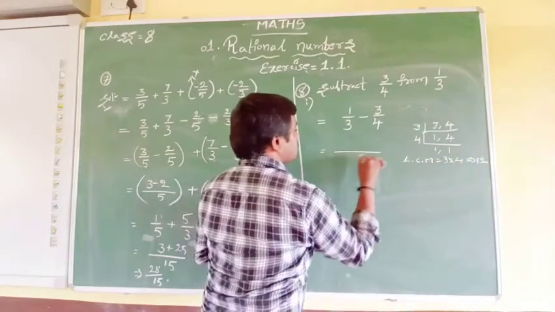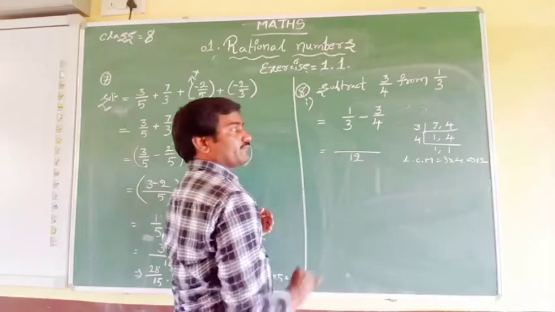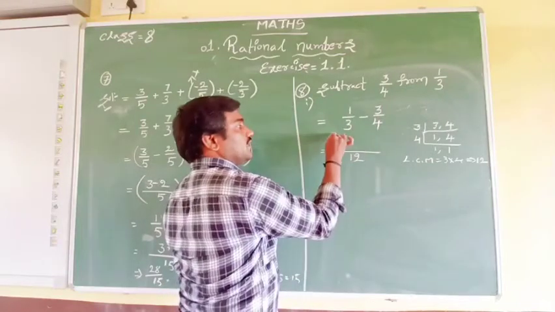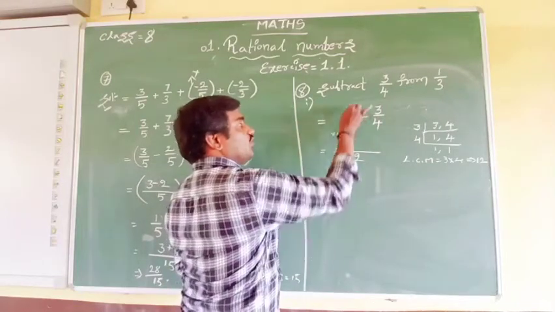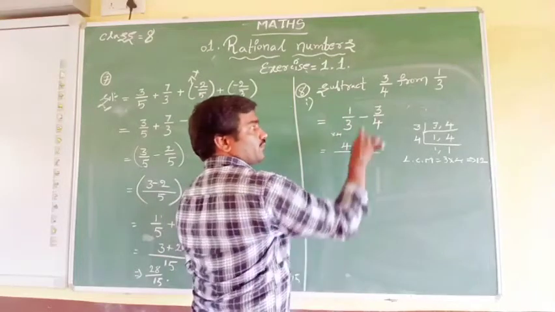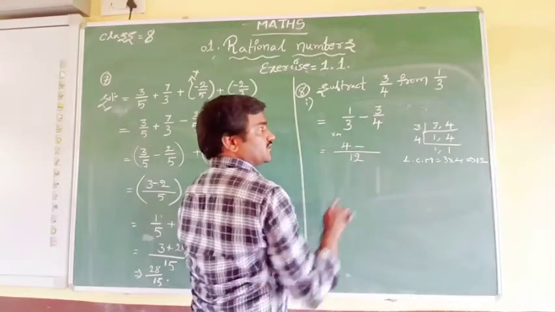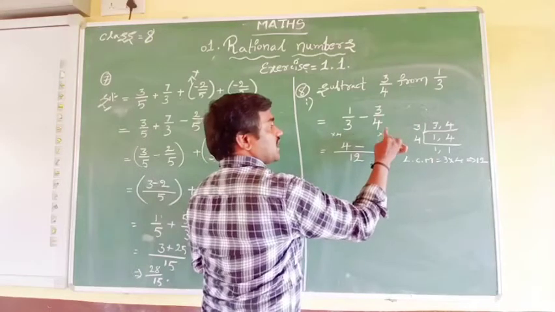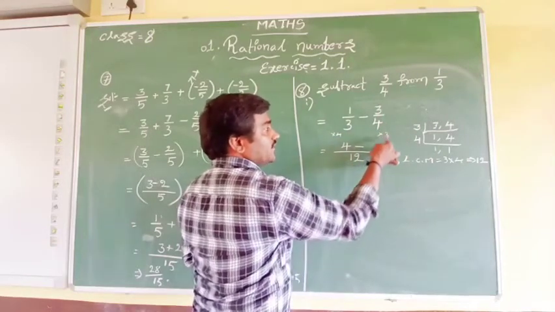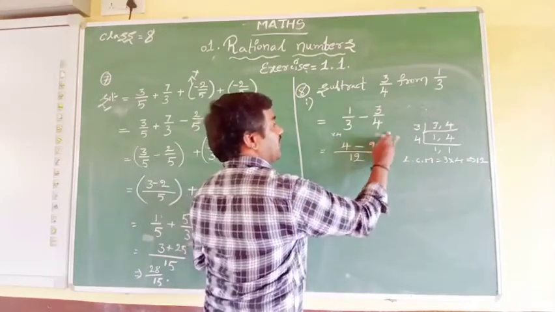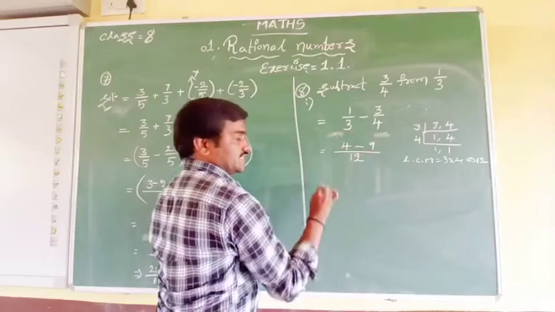So the LCM you got is 12. How many 3s are 12? 3 4s are 12. This 4 into 1 is 4. Minus, you give the minus here. 4 3s are 12. This 3 into 3 is 9. This is our rough work to make it easy.